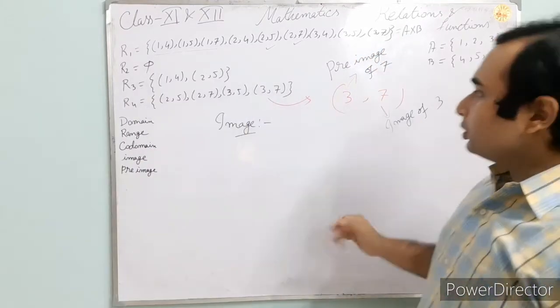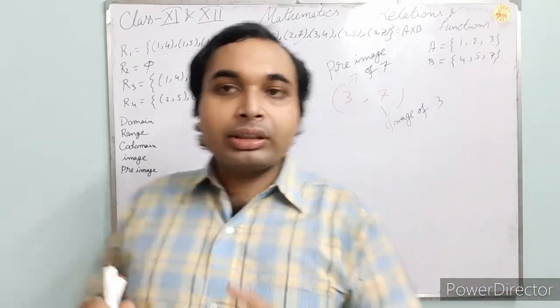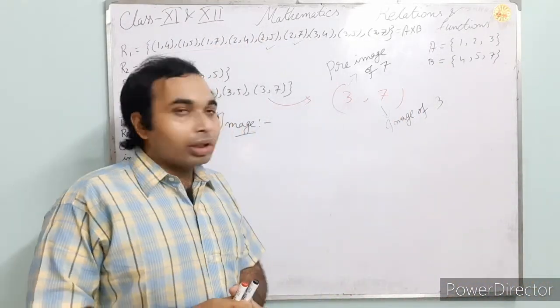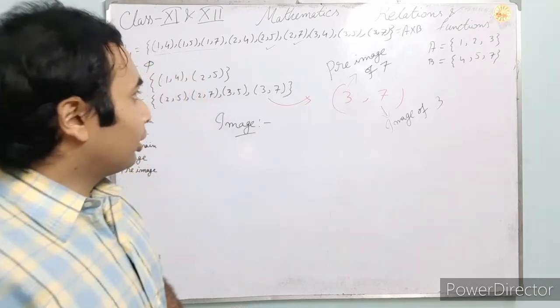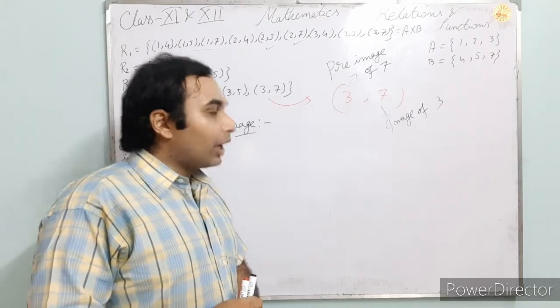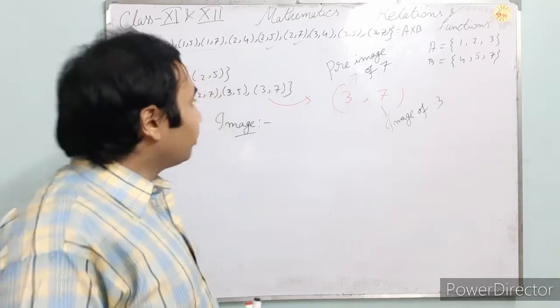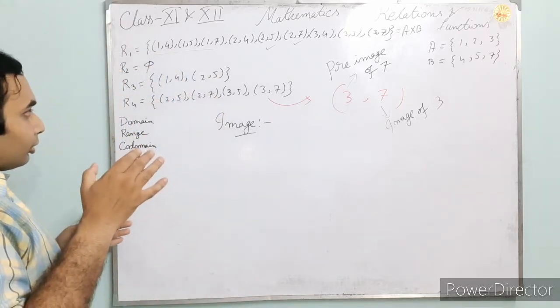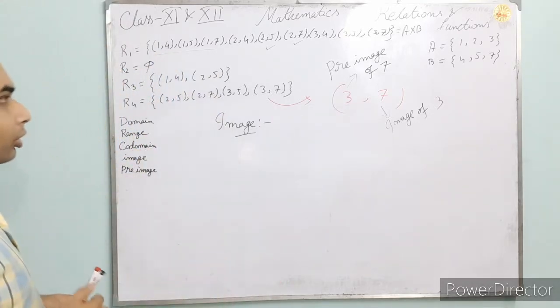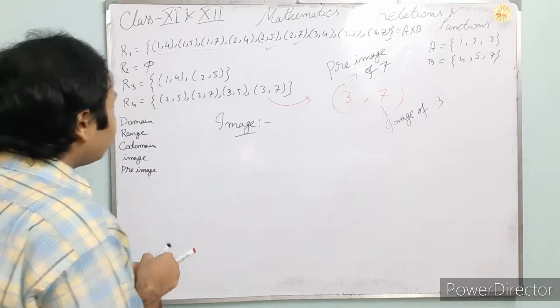Images are the second elements of the ordered pairs and pre-images are the first elements of the ordered pairs. Okay, so I think you have got what images and pre-images are.